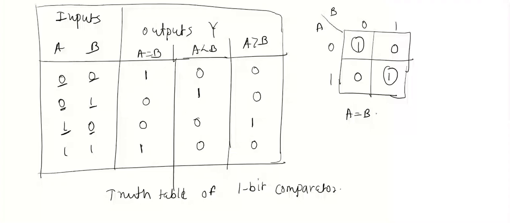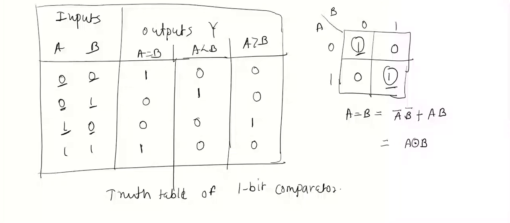The terms for the first isolated one are A bar B bar, plus the terms represented by the second isolated one, A B. Again, we know that A bar B bar plus AB is nothing but A XNOR B. This is the Boolean expression for A is equal to B.